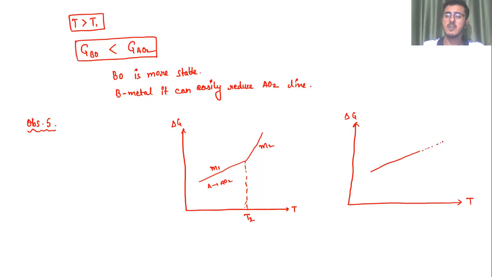It should have been going in this direction, but instead it went down in this direction. I'm considering this temperature as T3. We will be seeing this observation number 5 one by one based upon the different cases.